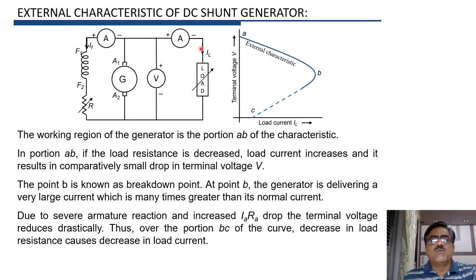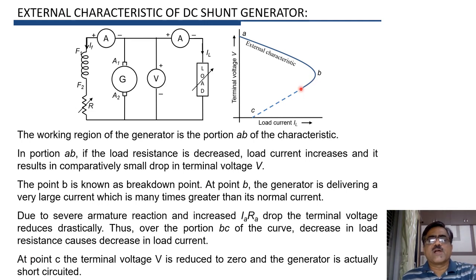And therefore, even if the load resistance is reduced, the load current decreases and it will not increase. It will not follow Ohm's law, because this terminal voltage V is not constant. It drastically reduces for large values of armature current because of large IARA voltage drop and large armature reaction voltage drop.